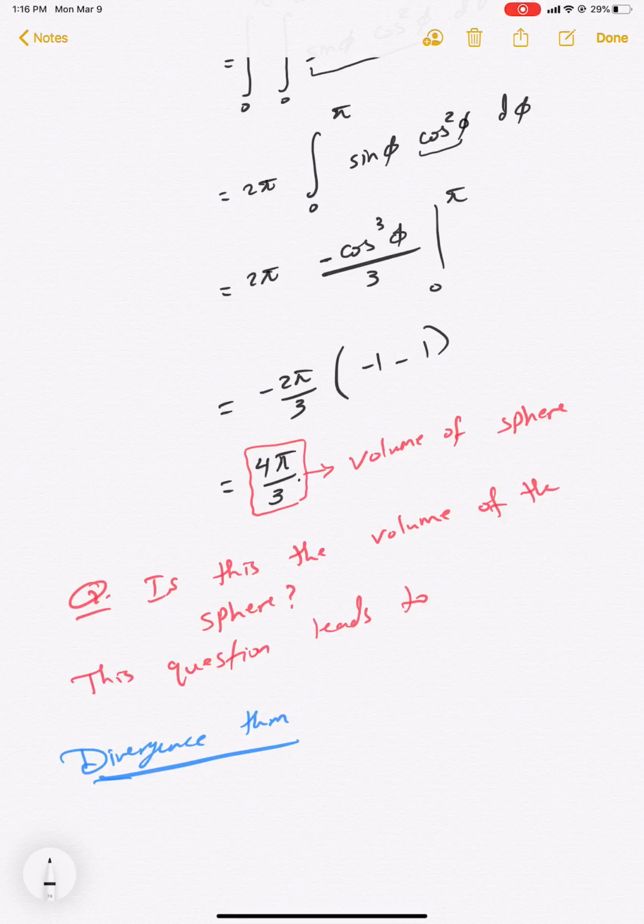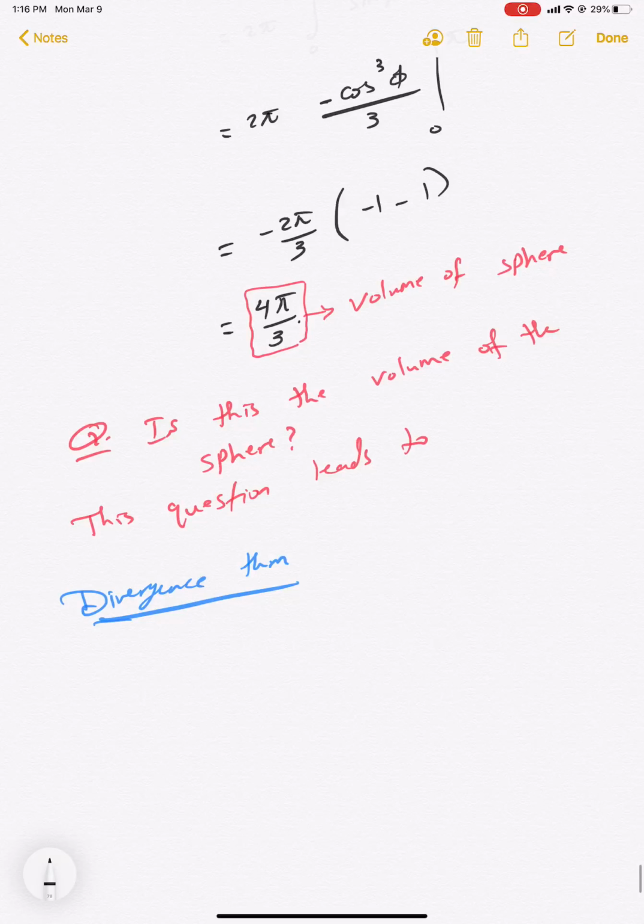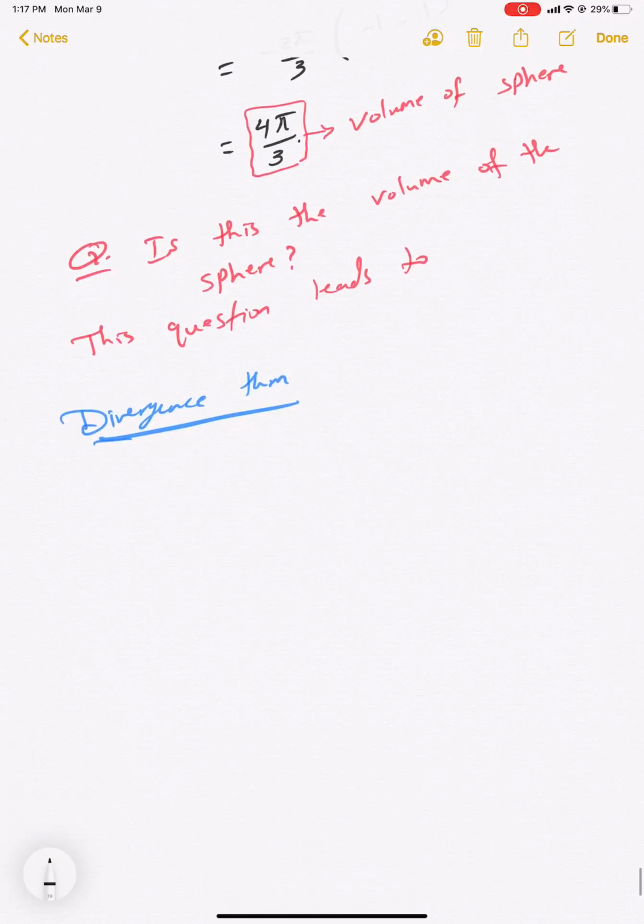And in this example, we commented on this final answer that it is equal to the volume of the sphere. So we ended by asking, is this somehow related to the volume? Is there any relation between the surface integral and the volume of the sphere? This is understood by virtue of the divergence theorem.